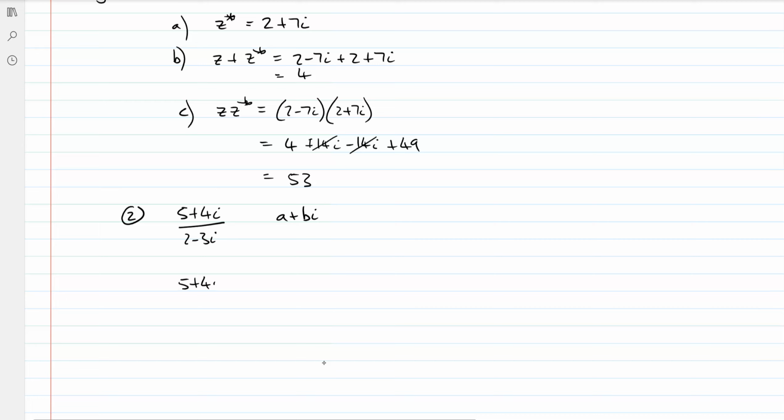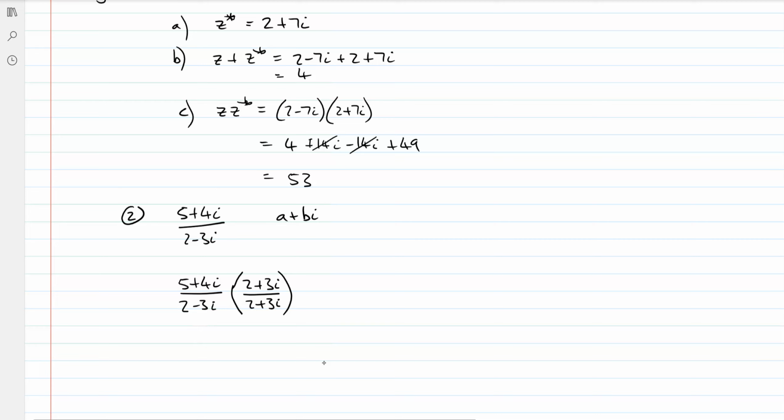So in order to simplify these kinds of questions, we times the top and bottom by the complex conjugate of the bottom. So if we reverse the sign of the bottom complex number, 2 minus 3i becomes 2 plus 3i, and we times top and bottom by 2 plus 3i.